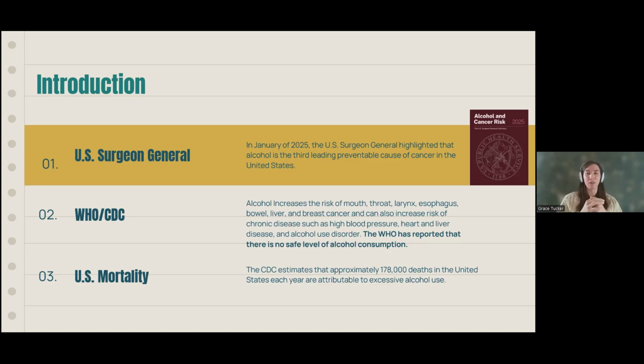I also want to highlight that the CDC estimates that about 178,000 deaths occur due to alcohol in the United States annually. I like to bring up the stat that our overdose deaths peaked, I believe in 2022, at around 111,000. We talk about overdose deaths a lot, but that's all other drugs combined.